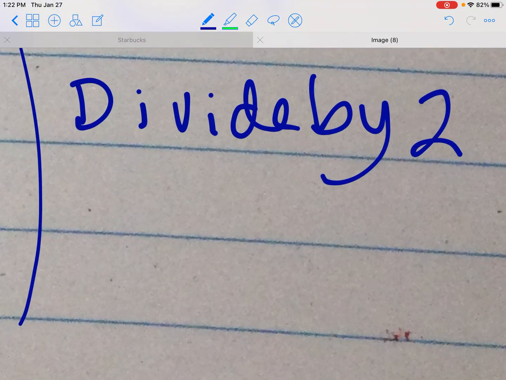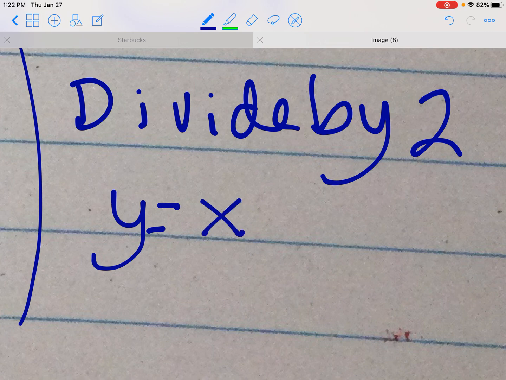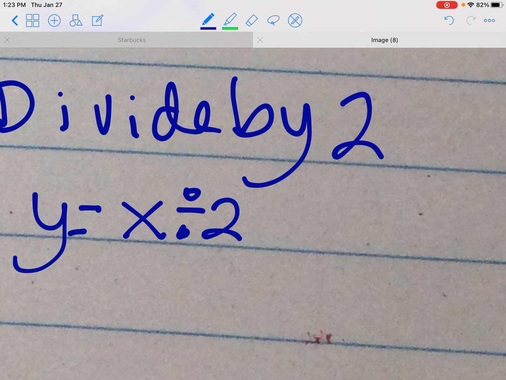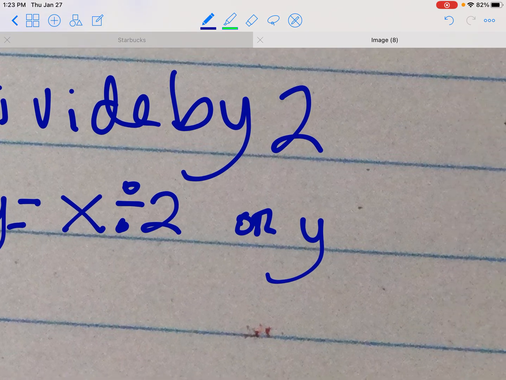So my equation is going to start off with y equals, and we could say x divided by 2. You could also write that, and that's how you're going to see it a lot, in fraction form.